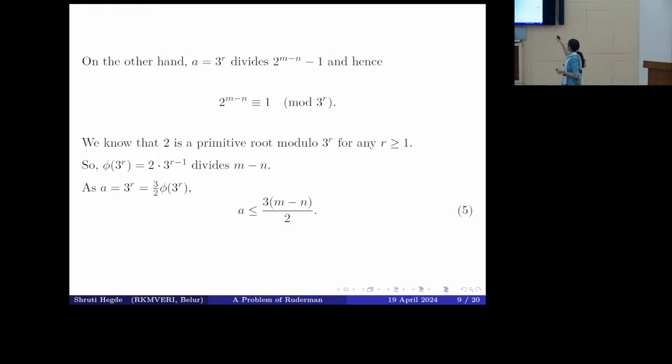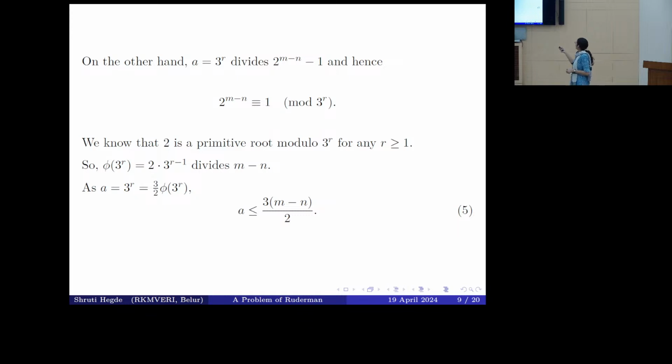We can use induction on r and prove that 2 is a primitive root modulo 3 power r for any r. So what happens then? Pi of 3 power r should divide m minus n, right? And pi of 3 power r is 2 into 3 power r minus 1. You can adjust that in terms of A, and that will give you the upper bound for A.